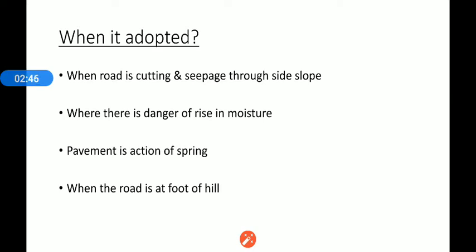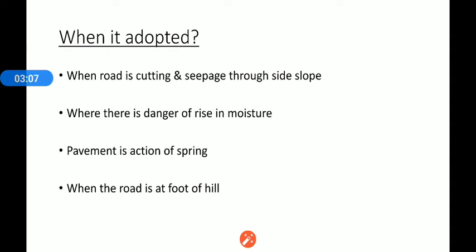In the road subsurface drainage system, the first step is to control the free water. This can be done by intercepting surface water before it enters the road subgrade. The second step is to reduce the capillary moisture.